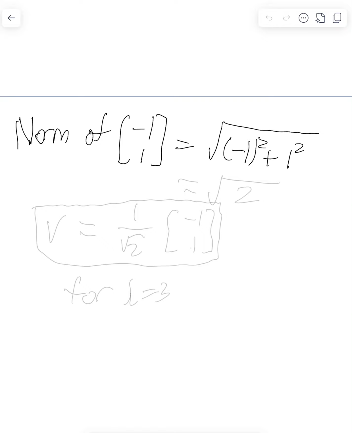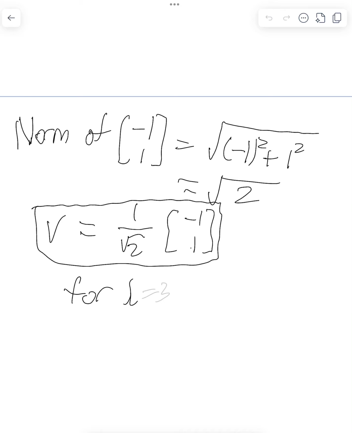That's pretty straightforward. That's just going to be equal to √2. Therefore, this vector is just going to be equal to 1 over √2 of (-1, 1). And yeah, this will be the vector that would minimize the objective.